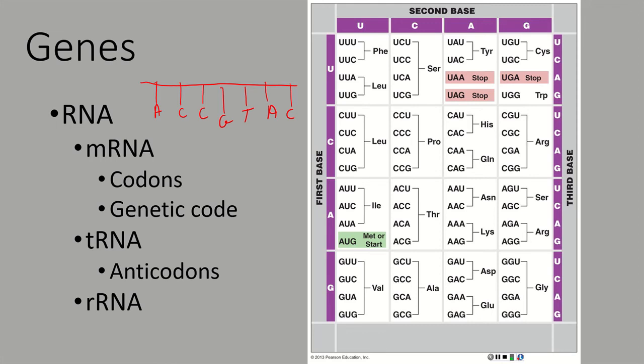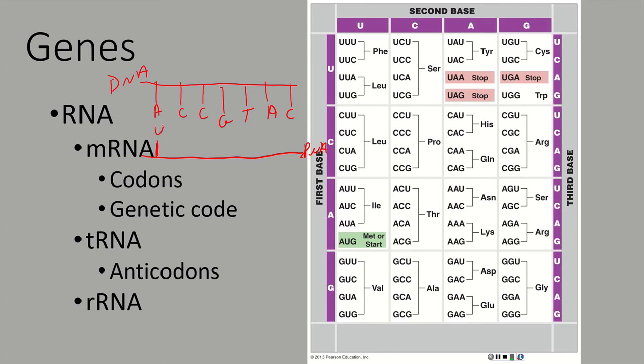Well, if this is DNA, and we're talking about messenger RNA, first we unzip the DNA, and now we're going to build our mRNA off of this DNA strand. And we're going to follow that base pairing that we talked about. We're going to add one letter at a time. Well, if we have an A on one side, what do we have on the other? Since this is RNA, well, remember, we can't put a T there, even though A and T always go together when we're talking DNA.